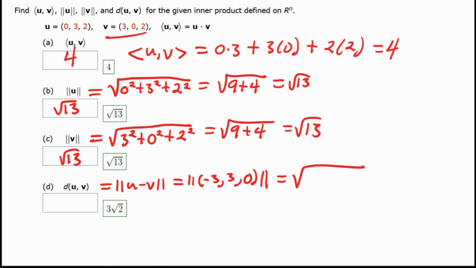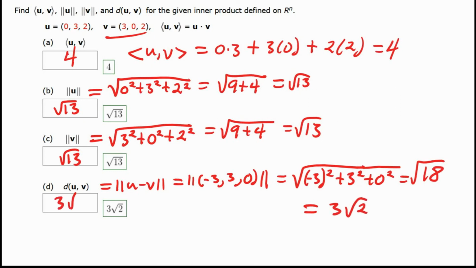So this is the square root of negative 3 squared plus 3 squared plus 0 squared. So we get the square root of 9 plus 9, that's 18, and 18 is 9 times 2, so we get 3 times the square root of 2. So nothing much there. Good review.